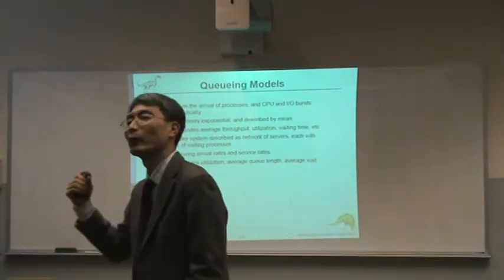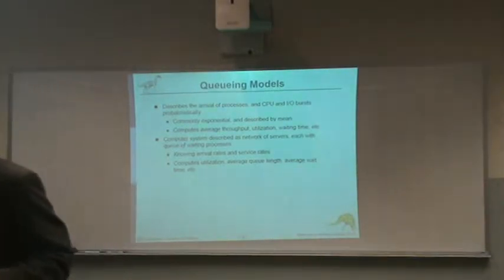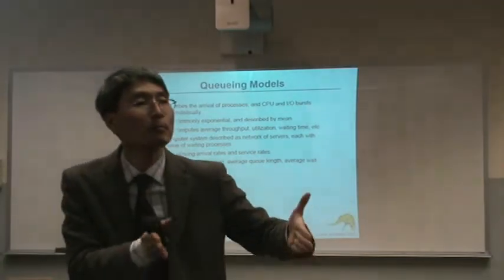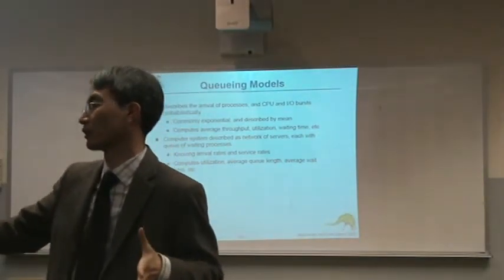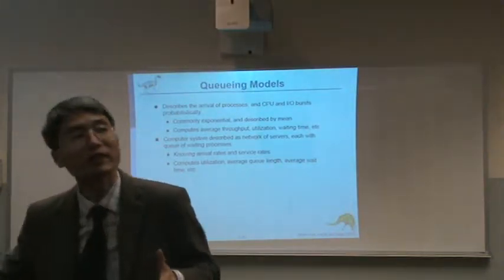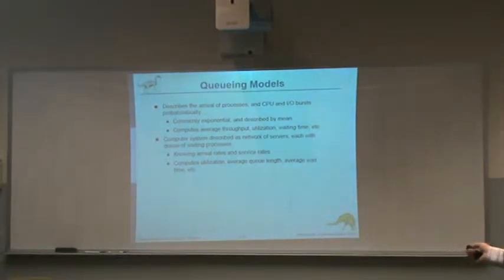Okay. Anyway, so we model incoming data and length of the queue and how much it processes using what? Mathematical model, statistical model. At that time, a certain distribution will be used. That is the queuing model.